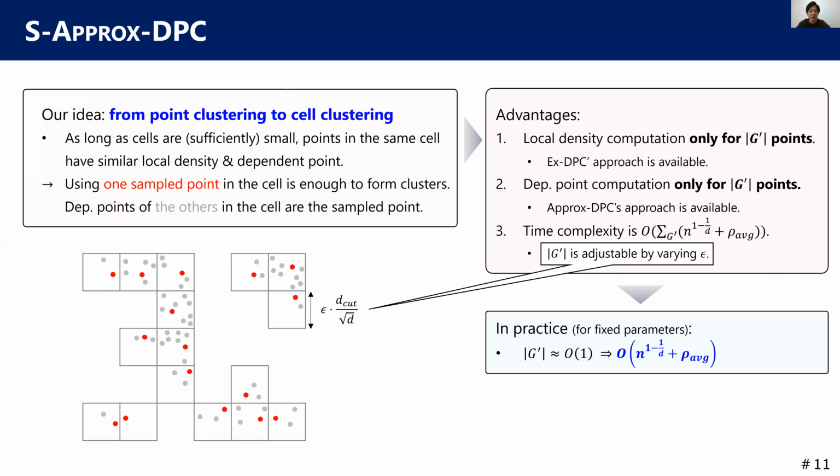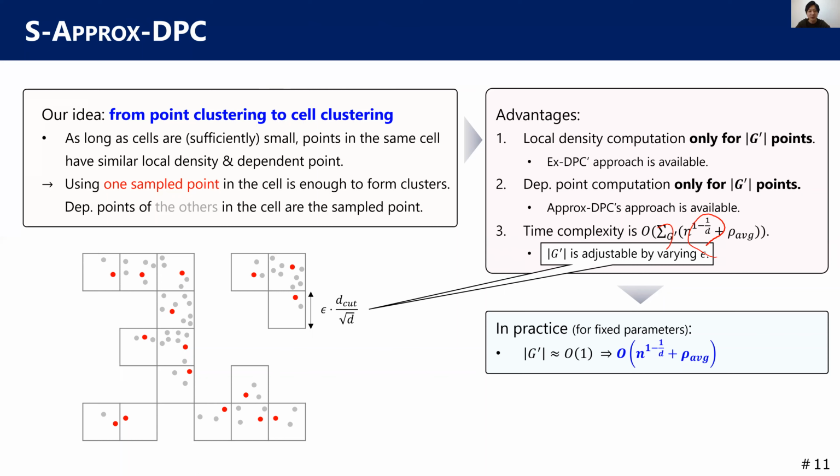Dependent points of non-sampled points are the sampled point in the same cell. Then we need to compute the local density and dependent point only for sampled points. For local density computation, the approach of EXDPC is fine. For dependent point computation, the approach of approx-DPC is fine. The time complexity of S-approx-DPC is related to the grid size and data size.